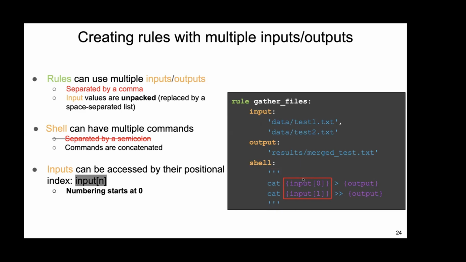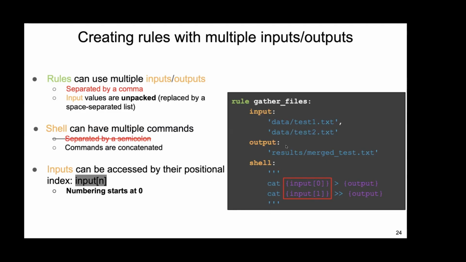The first one is through, let's say, positional indexing, like if you do in Python with a list. So for example, here we say square brackets input, curly brackets input, and then square brackets 0 to refer to the first element, because this is Python based, so the 0 is the first element, and 1 to refer to the second element. And that is a way you can do it.